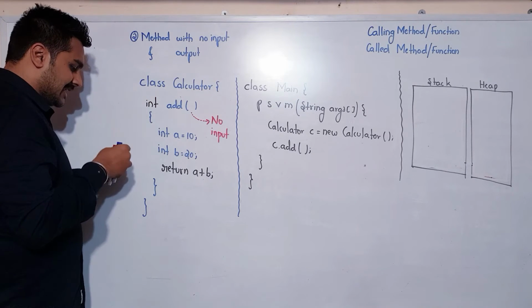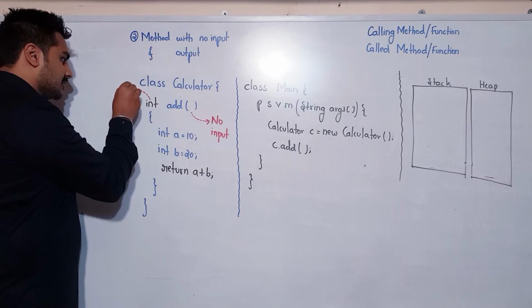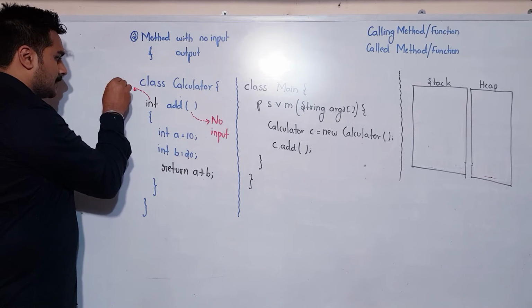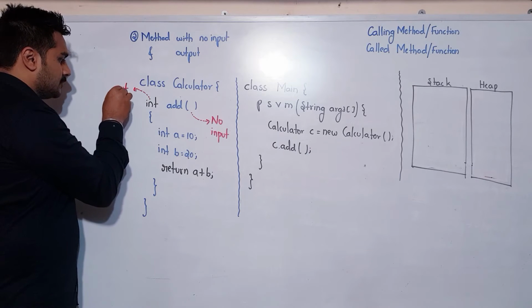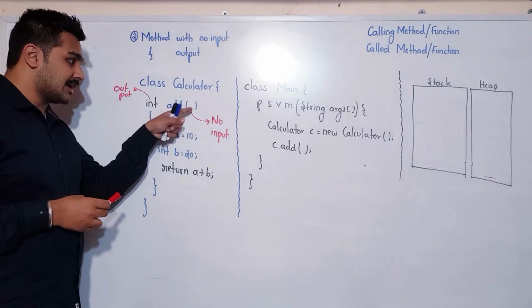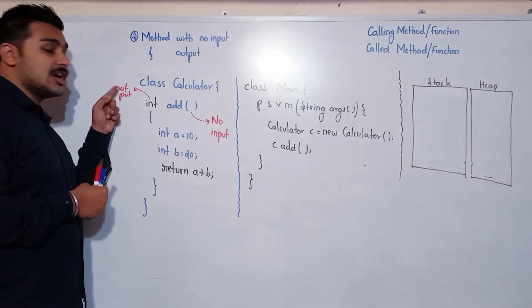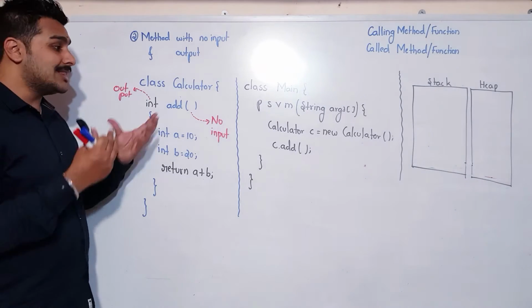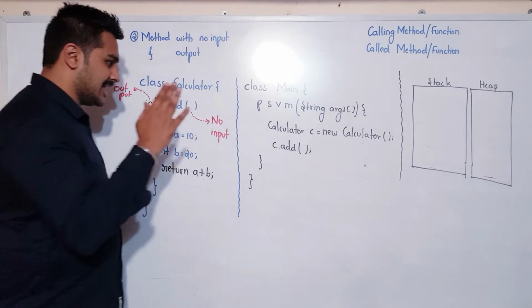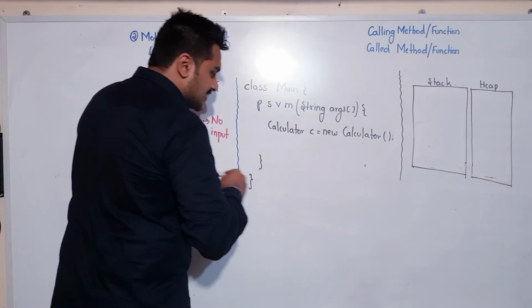So what is here? Here you are having an output. In this, no input, because input is not coming to your method. But here you are giving an output. How will the execution happen, sir? Well, before the execution happens, the code will have some changes.